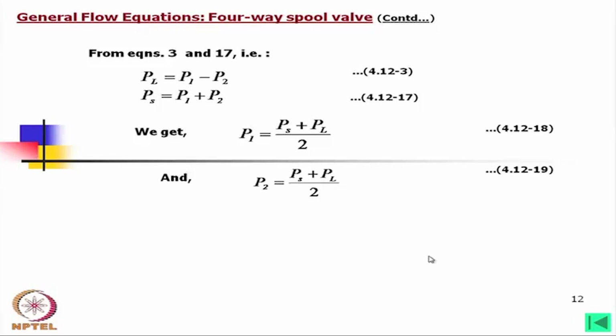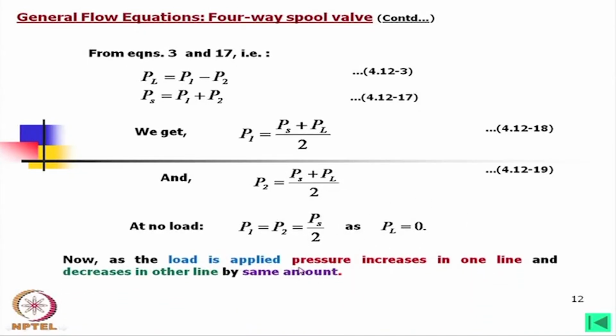And P2 is equal to (PS minus PL) by 2. I think we have made a mistake in these equations, it is PS minus PL by 2. This will be minus. So, at no load P1 is equal to P2 is equal to PS by 2, because PL is equal to 0.